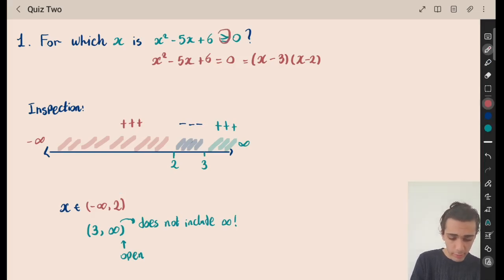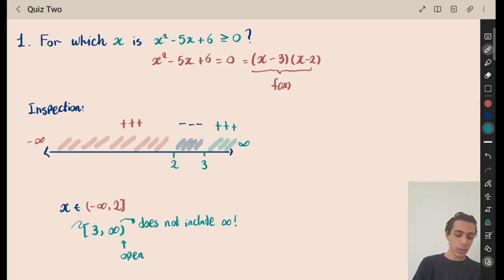But here actually what we have is also the equal. So we said greater than or equal to. Since we have the equal to, we would like to include 2 and 3. Because at 2, the function, if you call this a function, is 0 at 3 and 2. 2 and 3 are the roots of this function. And so they are included, since we are looking at the values that also make the function equal to 0.